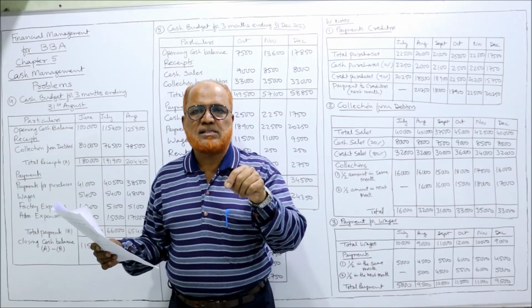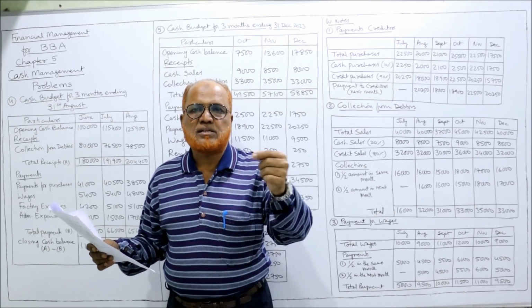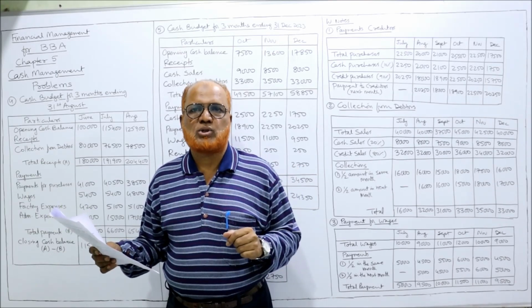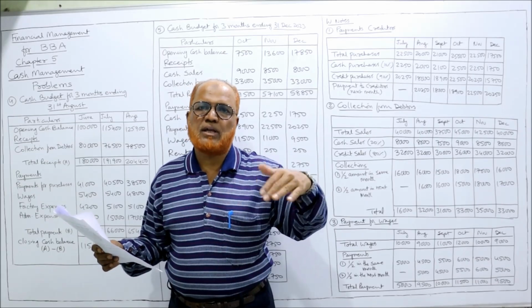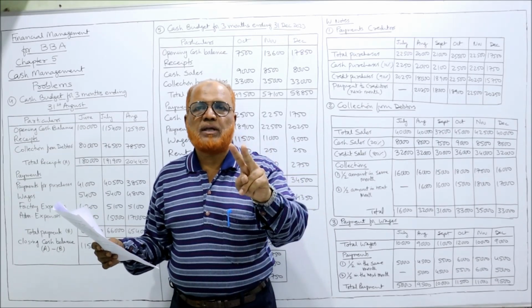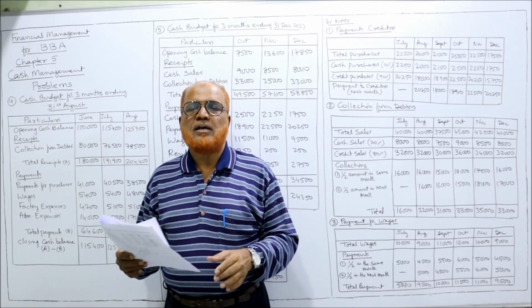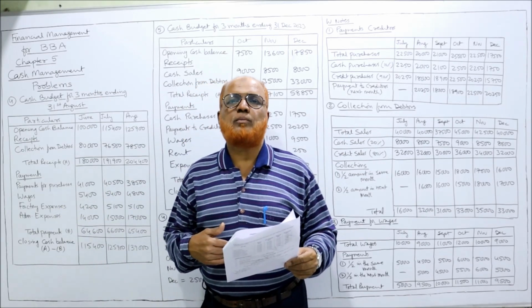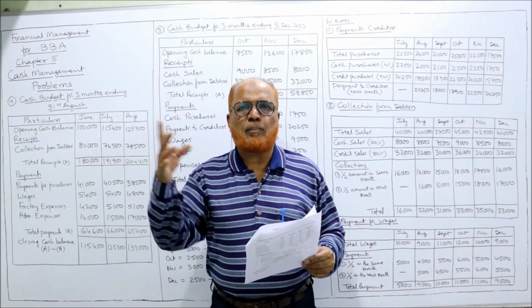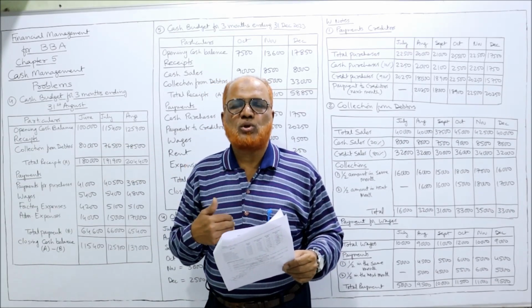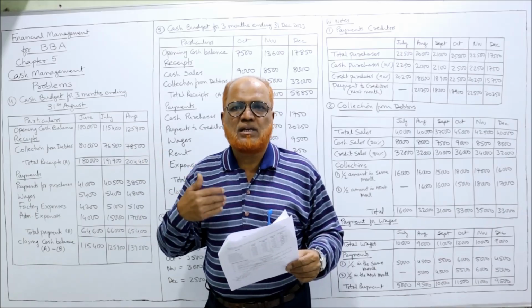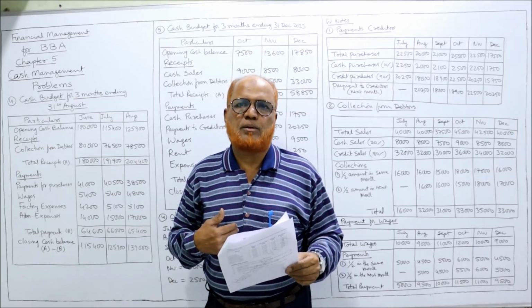Whatever we make the sale in January, the customer will make the payment in March. January, then February, then March. So 2 months we are allowing the period to our customers, right? Similarly, we are getting 2 months credit period from the supplier. We purchase goods from supplier and supplier is giving us 2 months credit period.